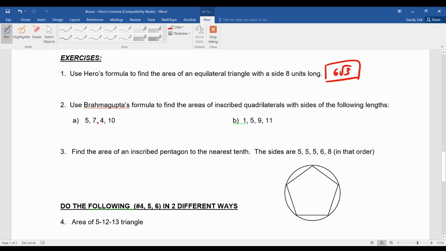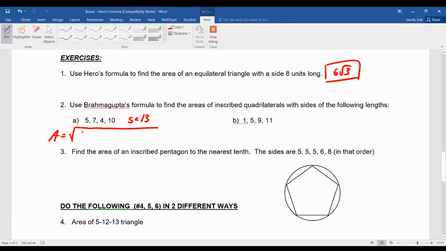If I'm going to do Brahmagupta's formula, I first have to find S. So I add these all up. 12, 16, plus 10 is 26. So my semi-perimeter is 13. The area, remember, Brahmagupta's does not have that extra S in the front.